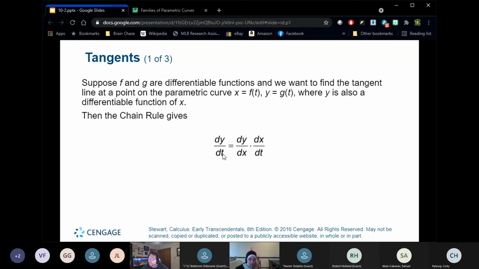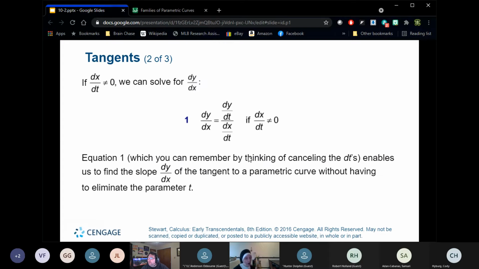So my equation, if we look at dy over dx, that would be my derivative in terms of x. So if we have a dy over dt and a dx over dt, when we're doing the derivatives, my derivative dy/dx is the derivative of y over t divided by the derivative of x over t.